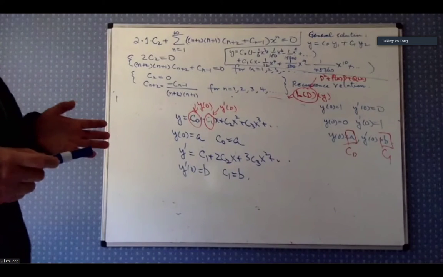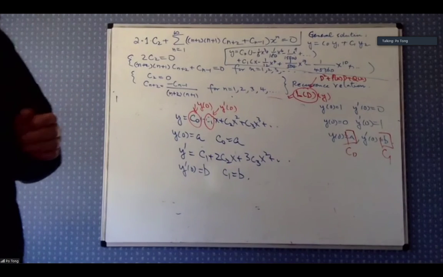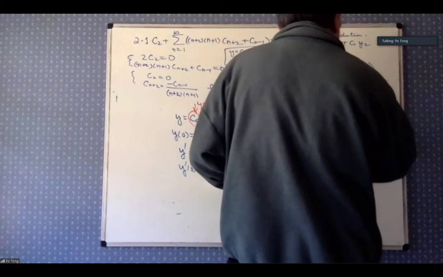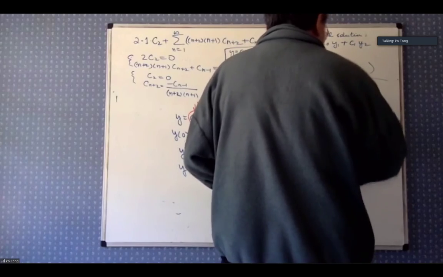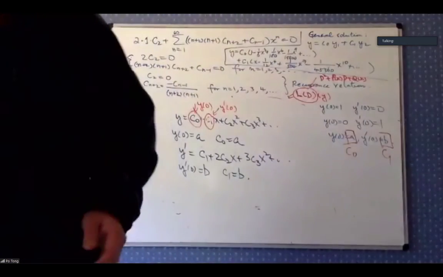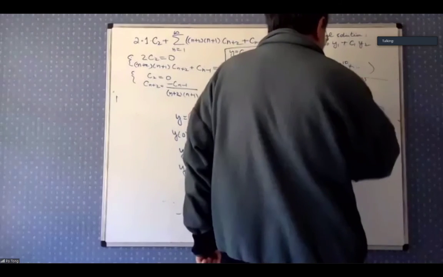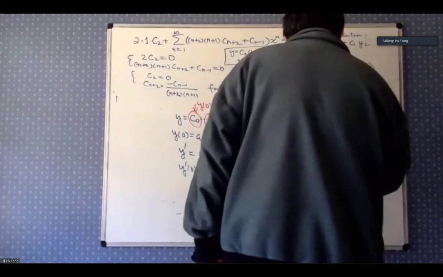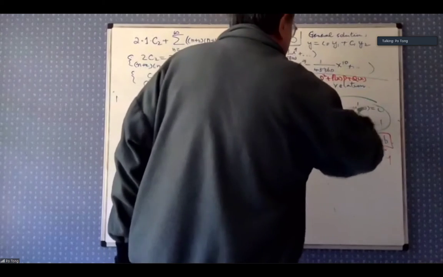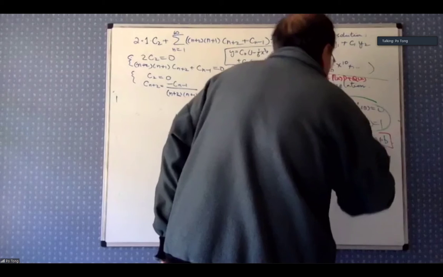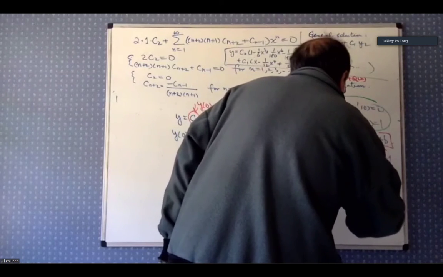So that is why, basically here, y0 is equal to a, y prime 0 is equal to b, right? So this whole chunk of stuff is basically saying that the first line here is saying that C0 is equal to 1, C1 is equal to 0.